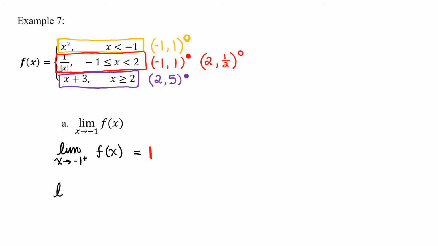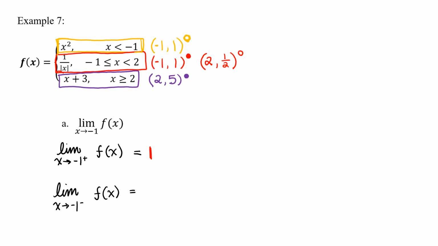We also want to take a look at the limit as x approaches negative 1 from the left of f of x. So we're looking at where our function inputs are less than negative 1. So that's going to be this top piece here.